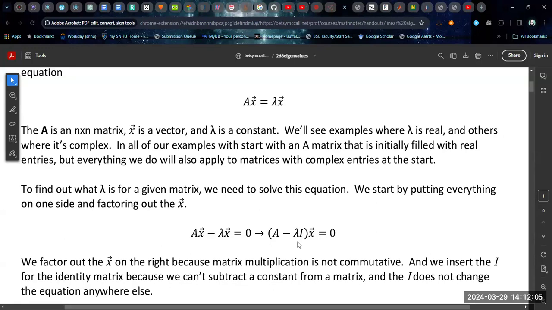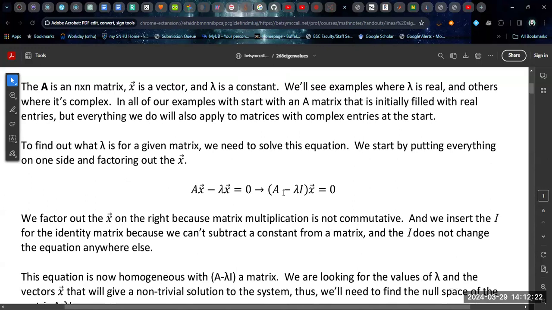And so to make this algebra work out, we represent lambda as lambda times a matrix I, the identity matrix, so that these are both matrices and you can do the subtraction. That is designated in order to make this subtraction expression defined. Otherwise, we wouldn't be able to do it.